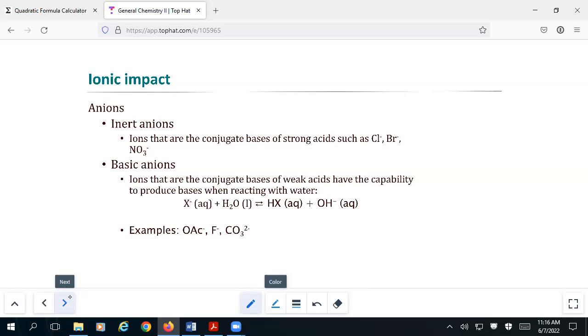So the weaker that acid was, the stronger its basic character is going to be. Good examples of this are things like acetate, where we know that acetic acid is a weak acid. So the acetate ion itself is going to have some basic characteristics. The fluoride ion. We know that hydrofluoric acid is a weak acid, so the fluoride ion is going to have basic character.